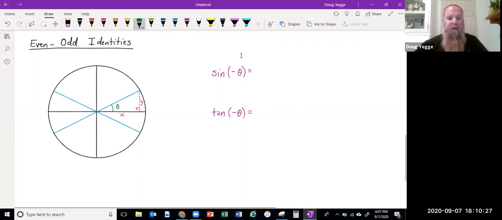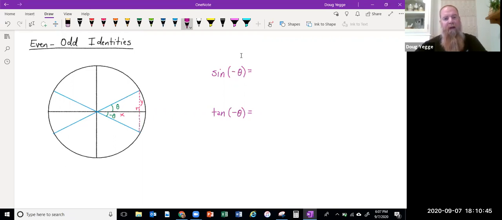But what if we were to look at that same exact angle, theta, except now we look at it going downwards, which is called negative theta. If we look at negative theta, now we should realize that it has a different opposite side.